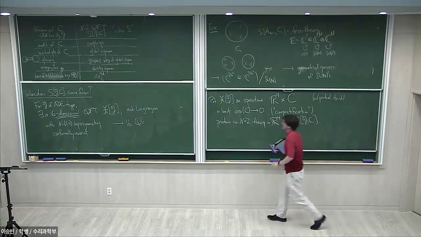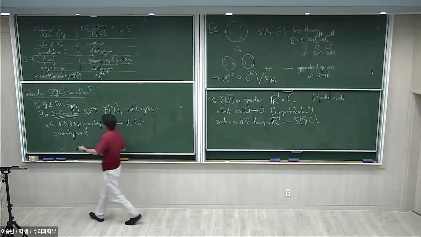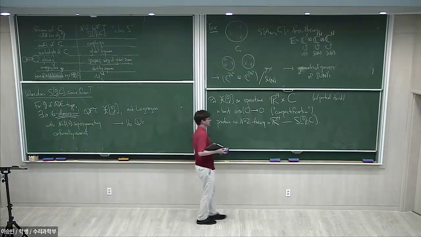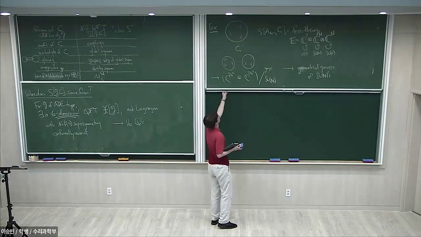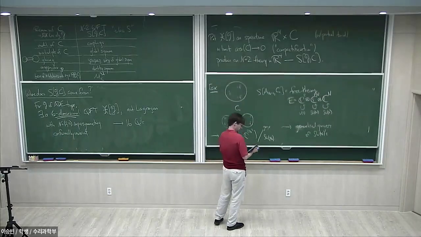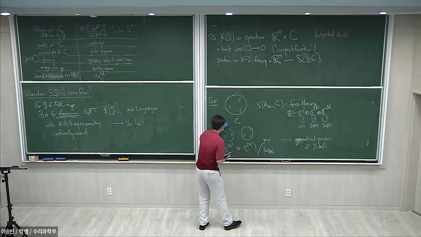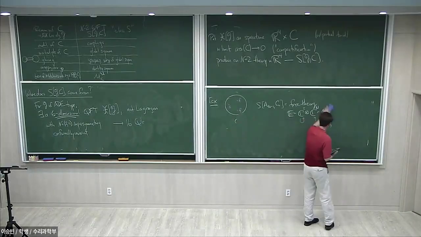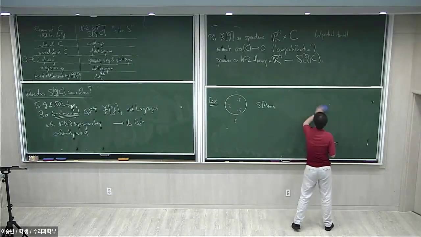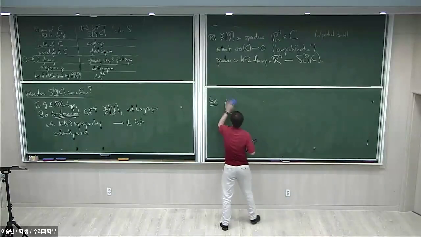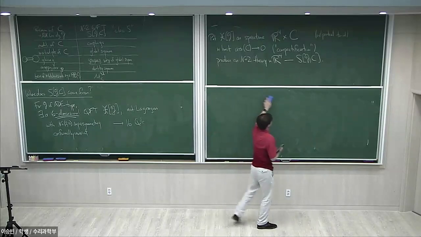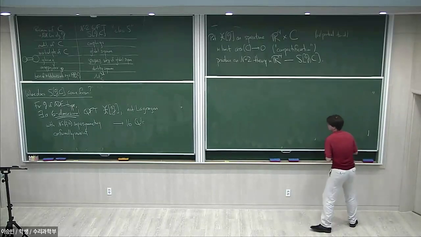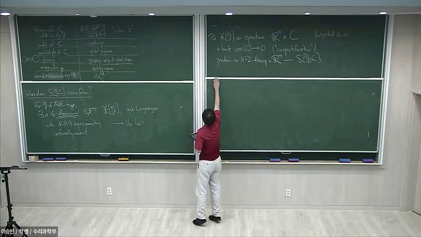So let me say a few words about how people think about this quantum field theory, because some of the mathematics of the story is somehow connected to this. So I said it comes from string theory. So let me say the string theory philosophy.